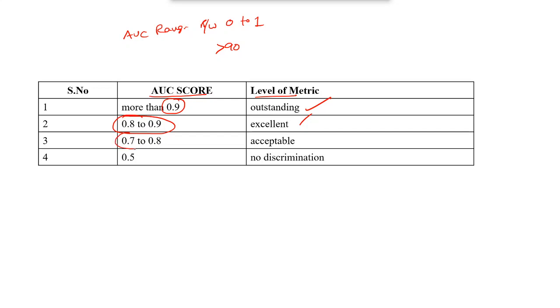If it is 0.7 to 0.8, that is an acceptable model. If it is 0.5, that is the random classifier, meaning no discrimination. If the AUC score is 0, this is the worst model.